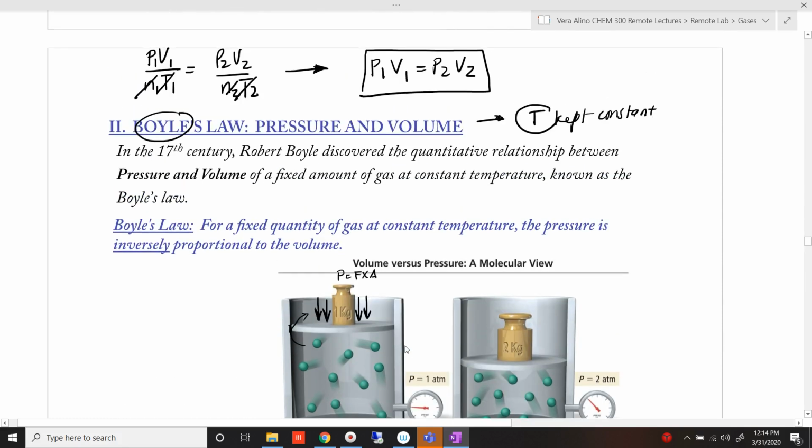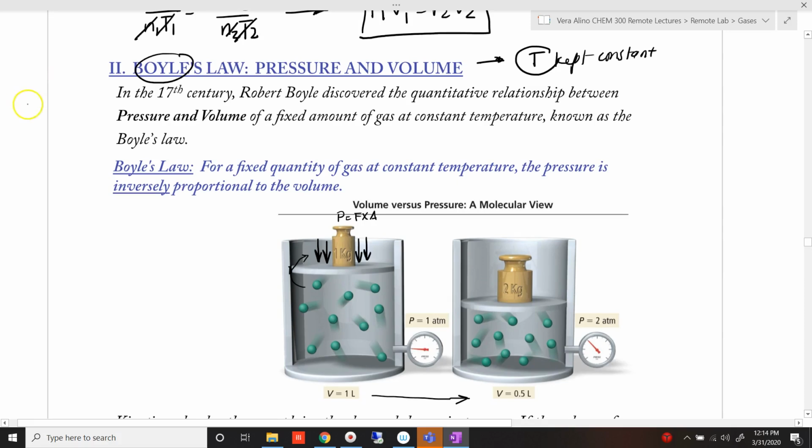So let's try to do mathematical calculations to see if that is valid. P1V1 equals P2V2. The pressure is twice the original pressure, so it's 2 times P1. You're asked to solve for V2.